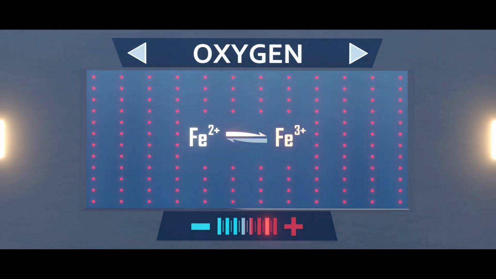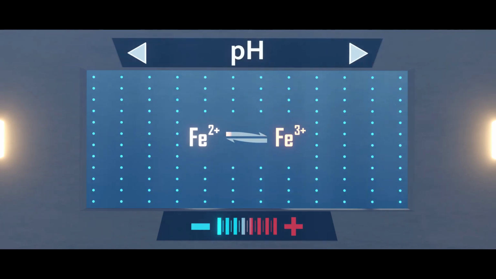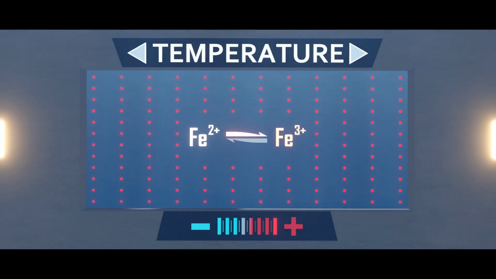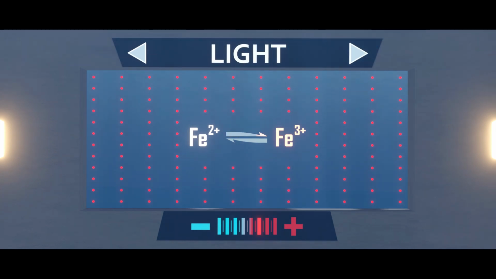Oxygen concentration tends to accelerate the oxidation rate. pH decreases slow down oxidation rates. Temperature increases speed up oxidation rates. Light affects the oxidation rate depending on seawater composition.